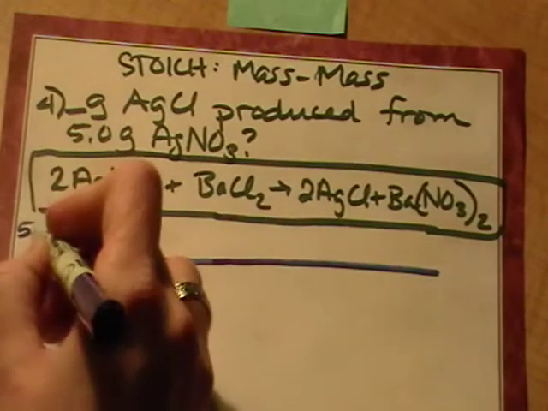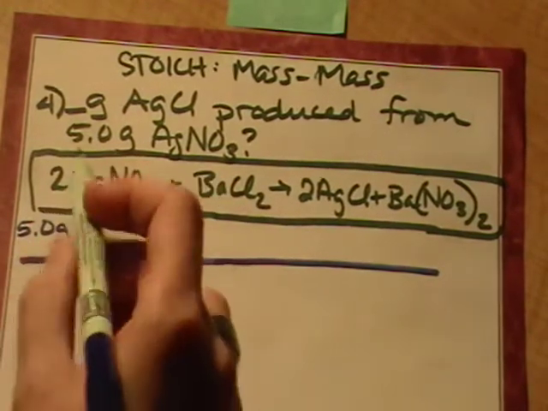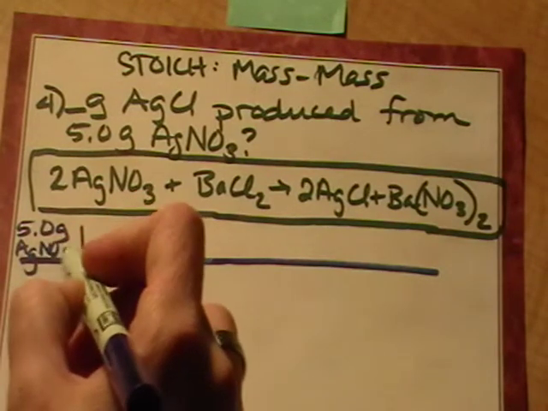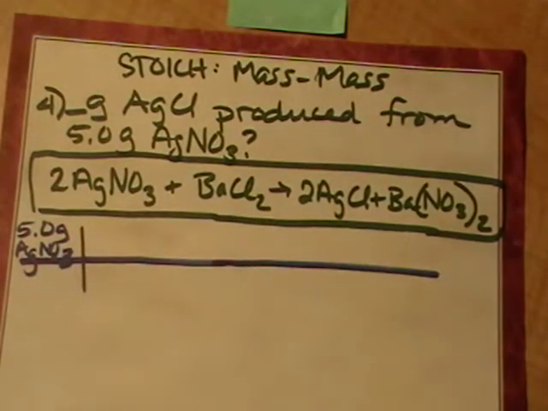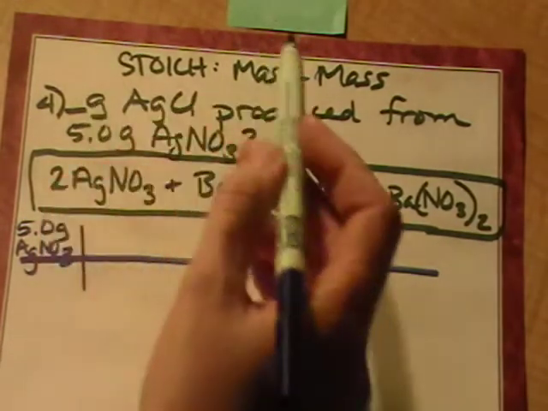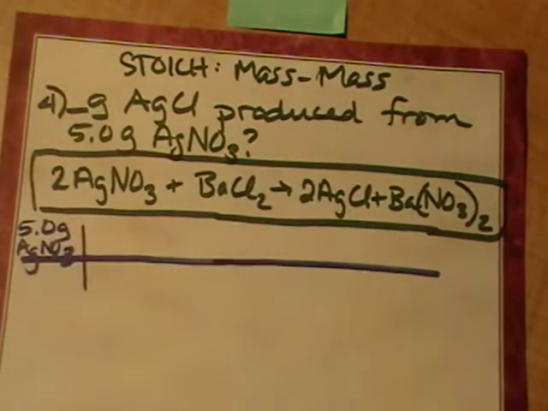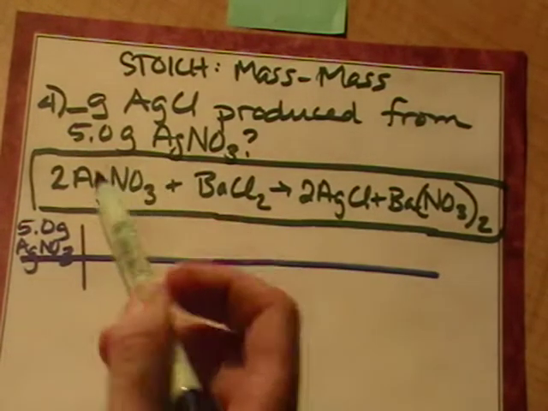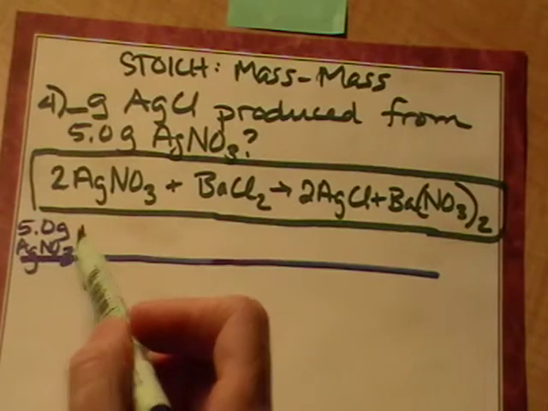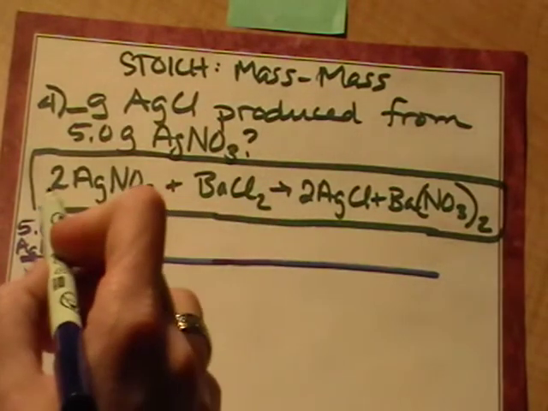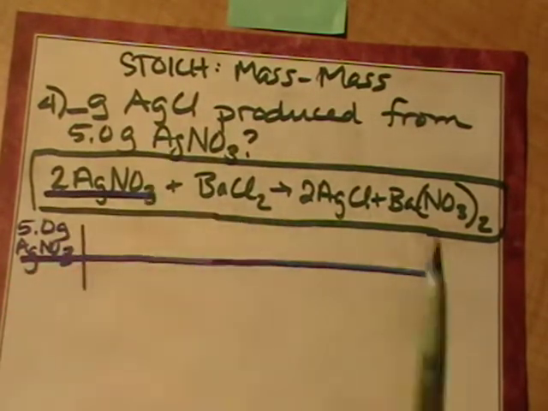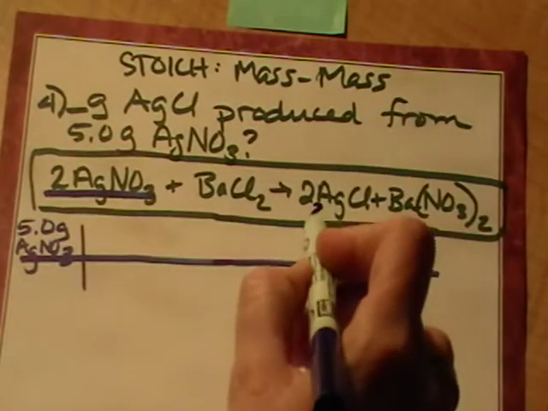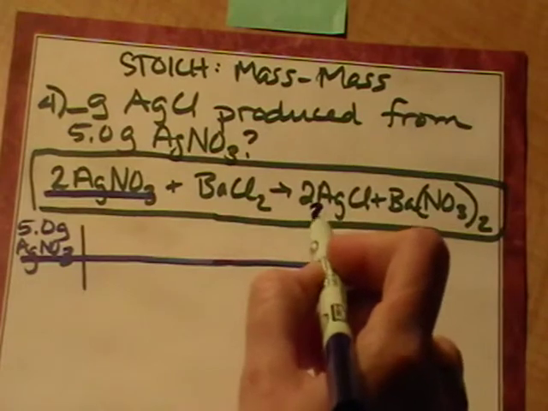So that's what I know, 5.0 grams of silver nitrate. What I want to know is how many grams of AgCl are produced. So on AgNO3, that's what I know, 2 AgNO3. And what I want to know is AgCl, so I'm going to put a question mark there.